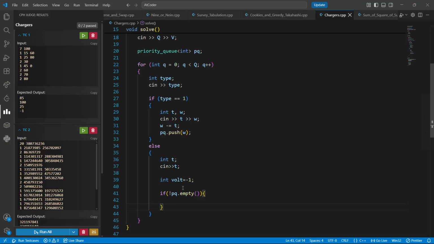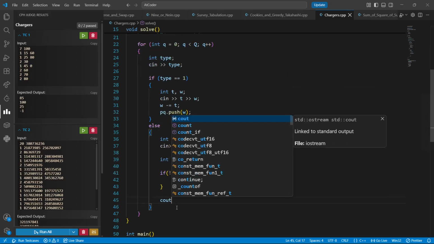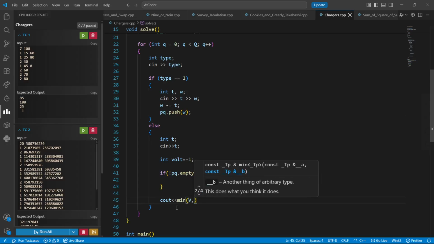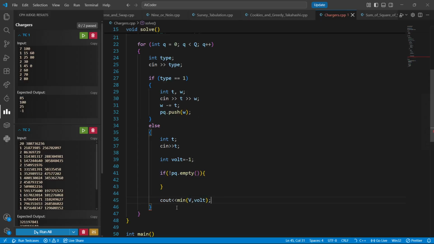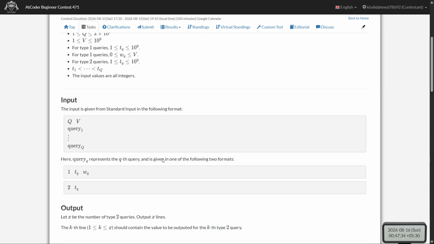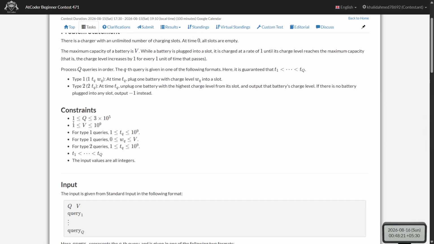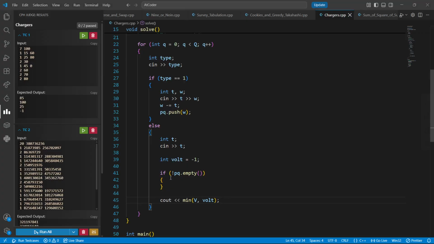So that's the reason I've taken -1. And when you're displaying, you'll be displaying minimum of V comma this volt. Okay. So since your V is from 1 to 10 power 9, in case you don't have any battery to unplug, definitely -1 will be displayed.